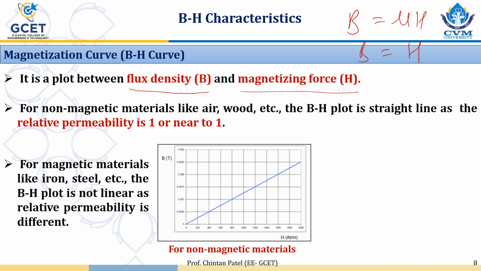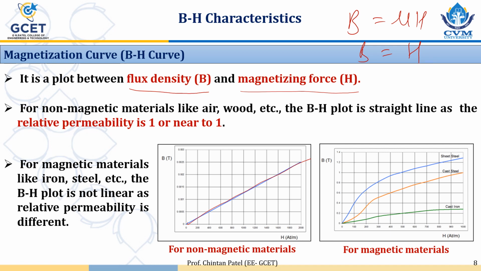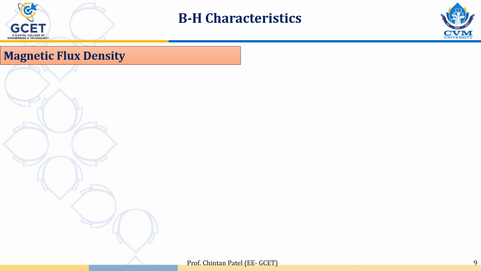For non-magnetic material, BH graph is a straight line, but for magnetic materials where mu value is considerable, the BH curve is a curve, not a linear line. Three examples are shown: sheet steel, cast steel and cast iron. Depending upon value of mu, the curve is this.